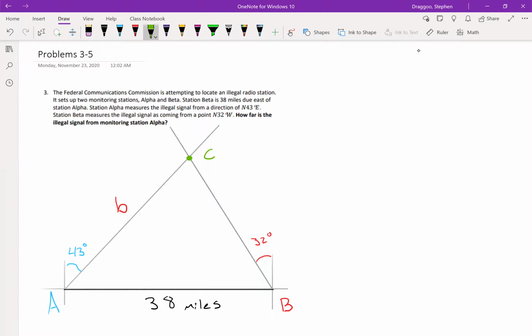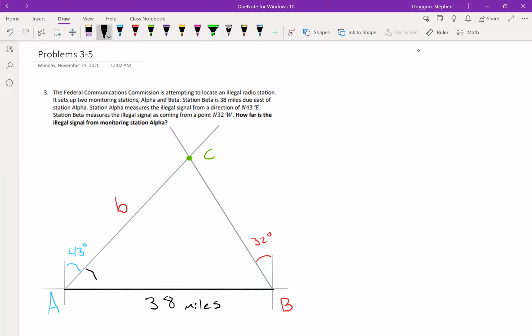So now I have my triangle ABC, and I should start working to get as many pieces of that triangle as I can. Each of those bearing angles, since they always have to be measured from the north or south line, means that we actually have an angle exterior to the triangle rather than the triangle's interior angles. So I'm going to start by figuring out what those are.